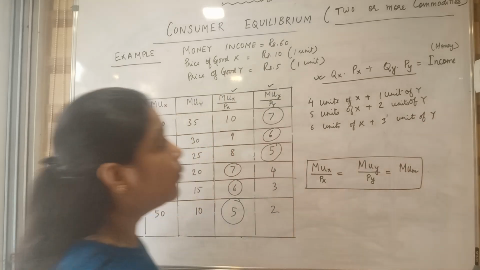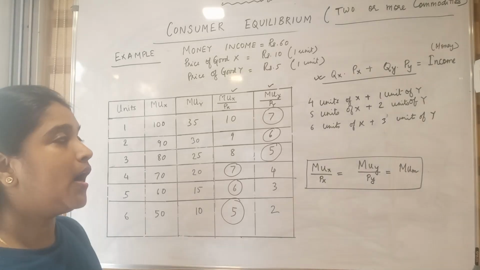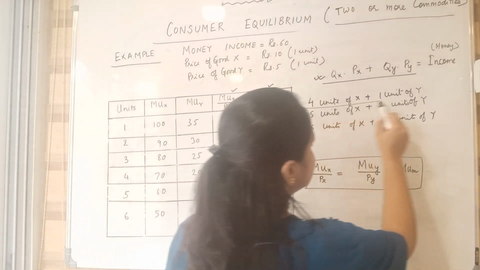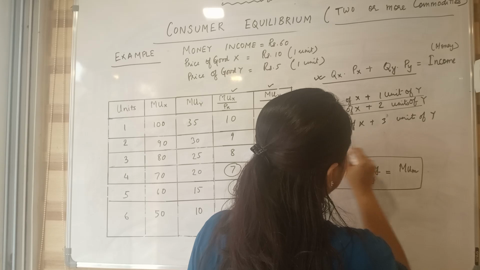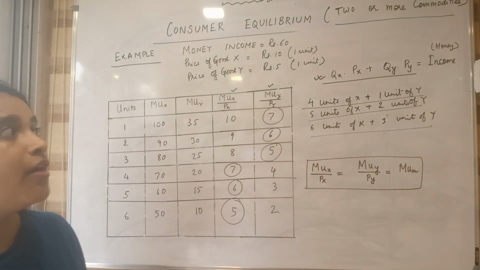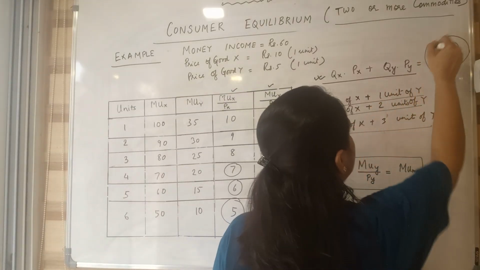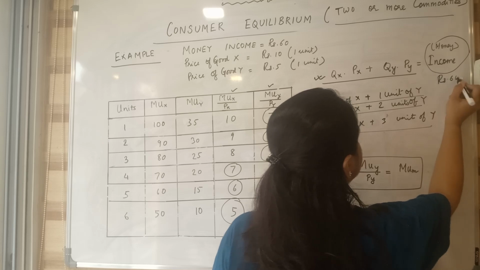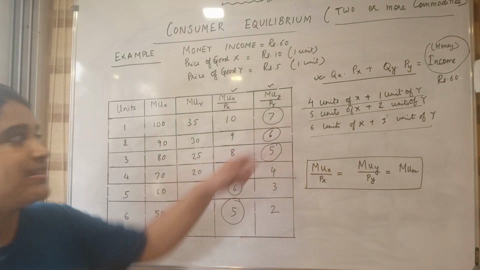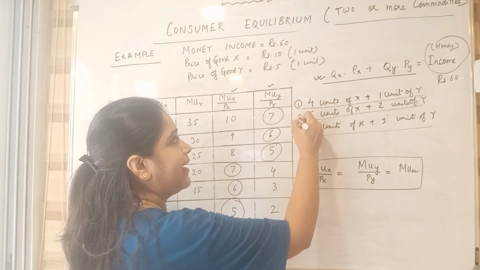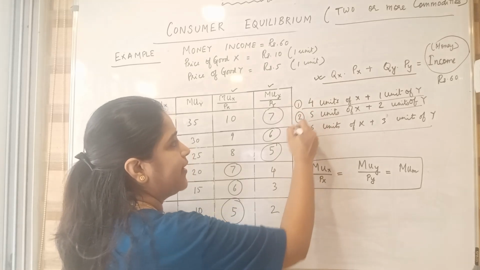Now we will have to check at which point the money income equalizes. We have our money income. What is our money income? Our money income is rupees 60. So is it satisfied at point 1, point 2 or point 3?